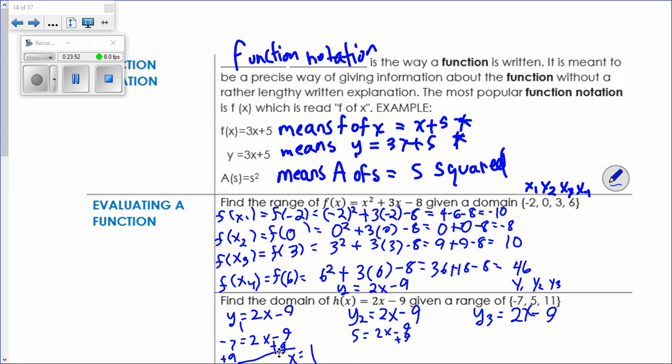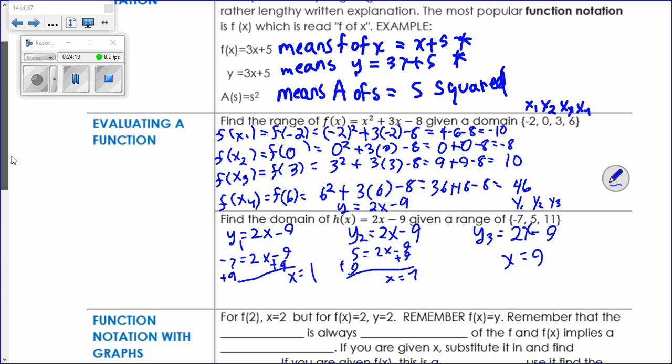Add 9 on both sides, and you end up with x equals 7. And the last one, the answer is x equals 9. So rather simple, it just involves substituting and some algebra. Replay the video if you're stuck or confused.